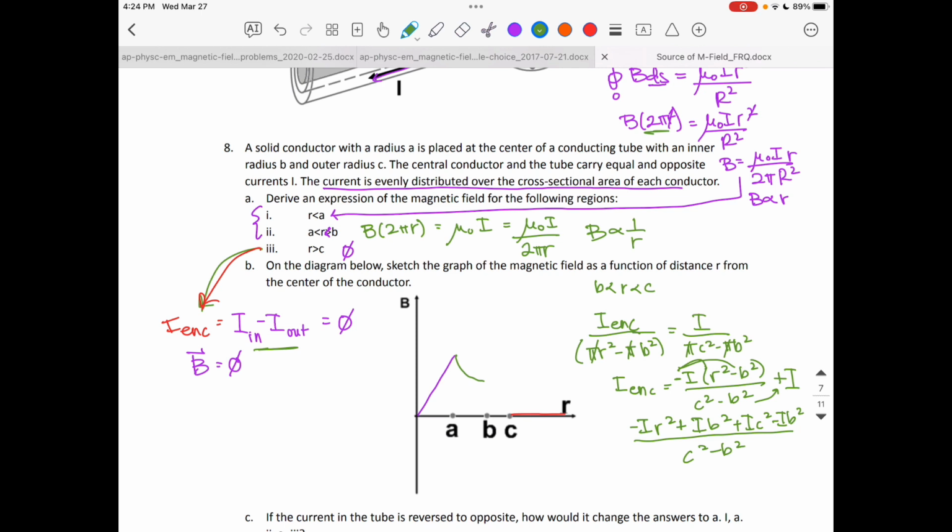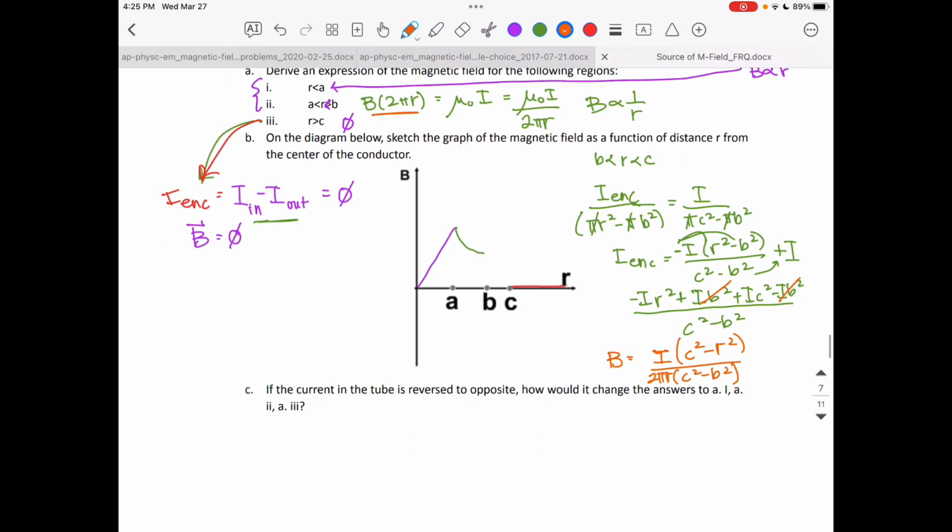And then you'll notice that we've got some of these values canceling out. And we end up with, I'm just going to pull out the I, c squared minus r squared all over c squared minus b squared. This whole thing is equal to B times 2 pi r. So I'm going to set B equal to that over 2 pi r in the denominator.